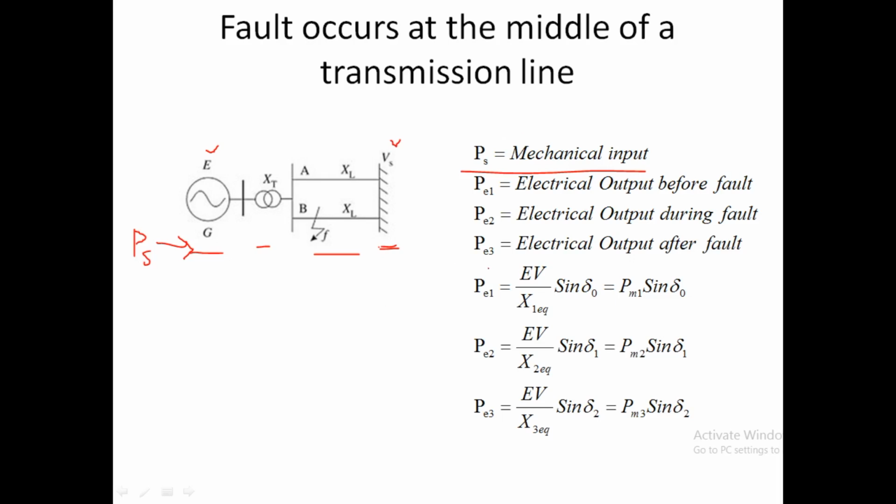Whenever there is a fault, there will be a change in electrical output. Let PE1 be the electrical output before the fault, for a healthy system, PE2 the electrical output during the fault, and PE3 the electrical output after the fault. Before the fault means the normal, balanced, healthy system. During the fault means the behavior at the instant the fault occurs.